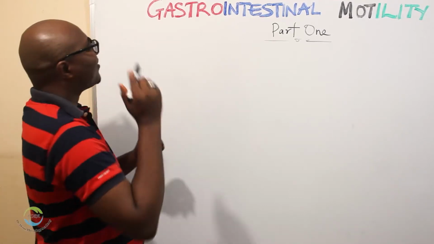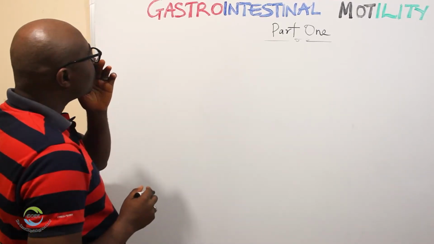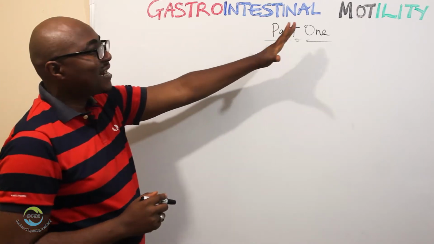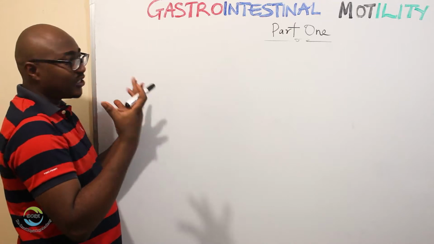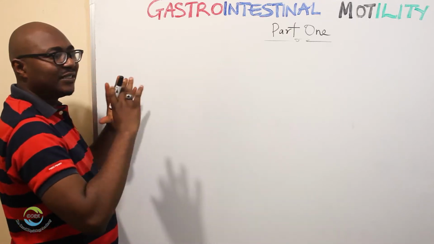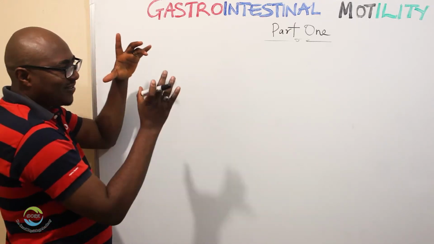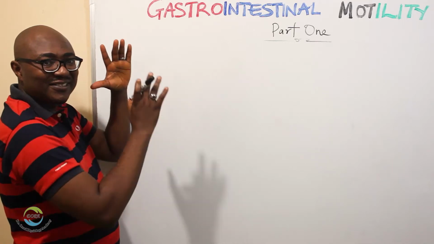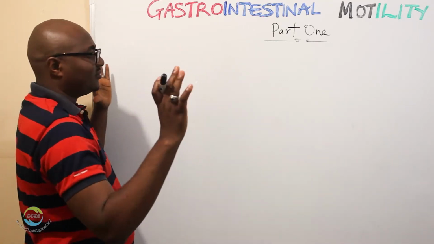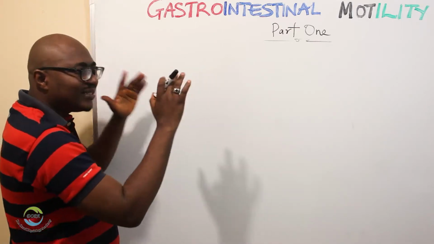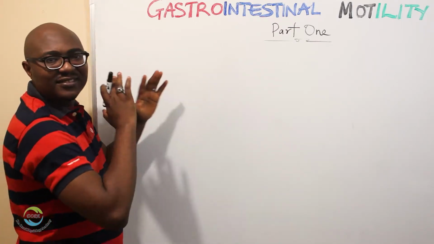Alright, so let's get right into it. Now, gastrointestinal motility. We are done with the introduction that will form the foundation for understanding those 4 basic functions of the gastrointestinal tract and digestive system: motility, secretion, digestion, absorption.